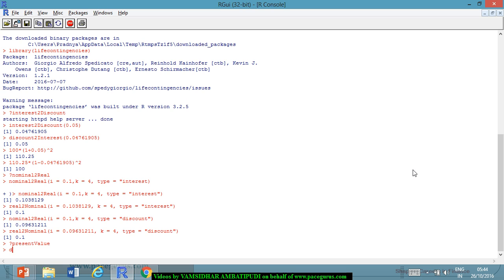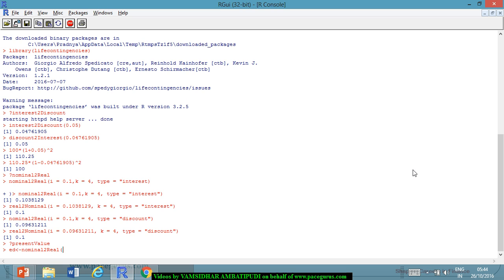So I can very well say the d, which is the real or effective discount. Let me call it ED, which is the effective discount rate. Because I want to find out the effective discount, I can convert it from nominal to real.